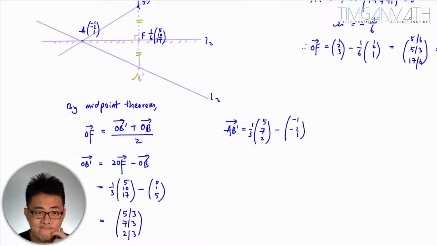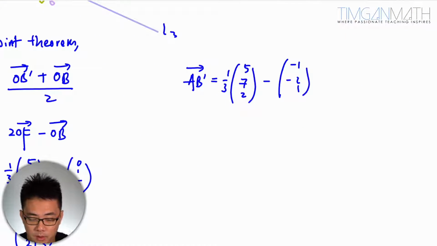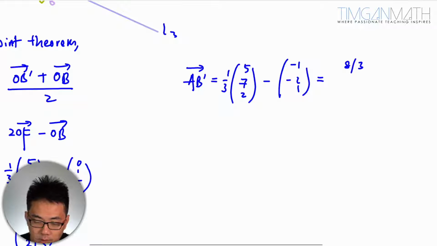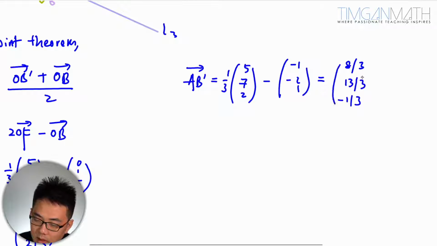Okay, that's about it. 5/3 plus 1 is 8/3. 7/3 plus 2 is 13/3. 2/3 minus 1 is -1/3. Okay, direction vector, very annoying.